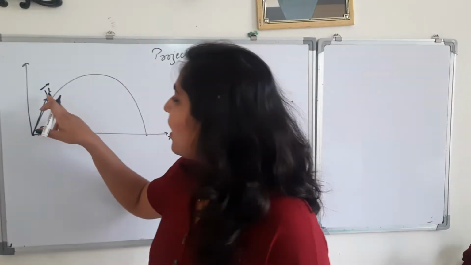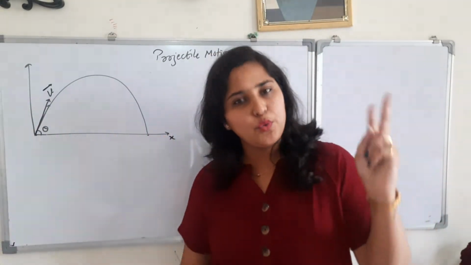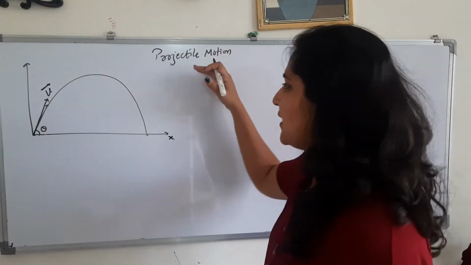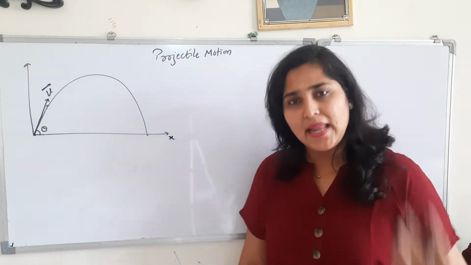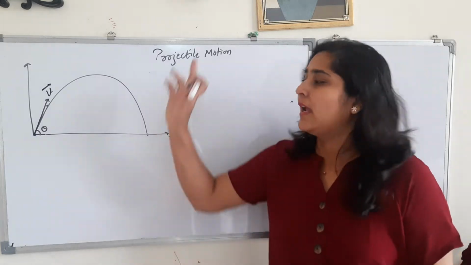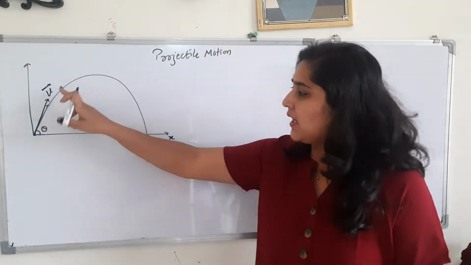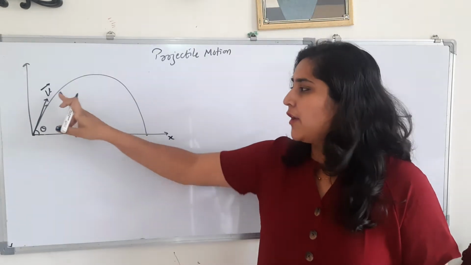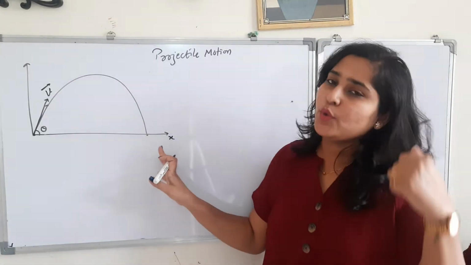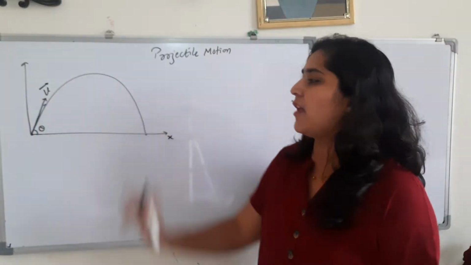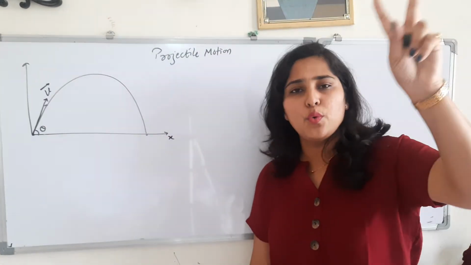So this velocity can be resolved into 2 components. As projectile motion is a motion in a plane, it involves an x component and a y component. So the velocity vector, at inclination theta with the x-axis or the horizon, we can resolve into its 2 components.